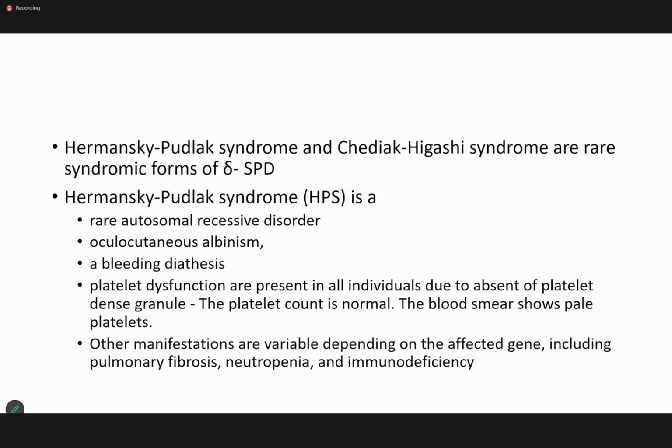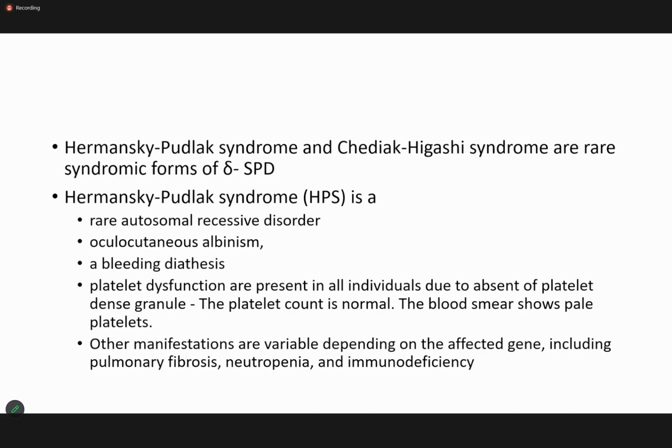Other than that, we also have Hermansky-Pudlak syndrome and Chediak-Higashi syndrome, but these two are rare syndromic forms of delta SPD. Hermansky-Pudlak syndrome is a rare autosomal recessive disorder where patients also have oculocutaneous albinism and bleeding manifestations.